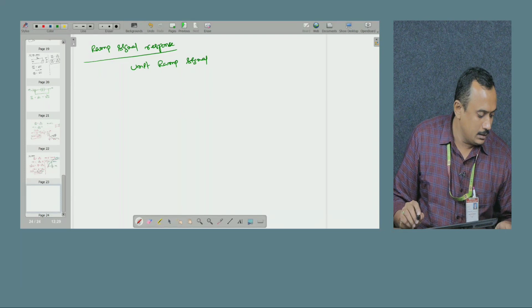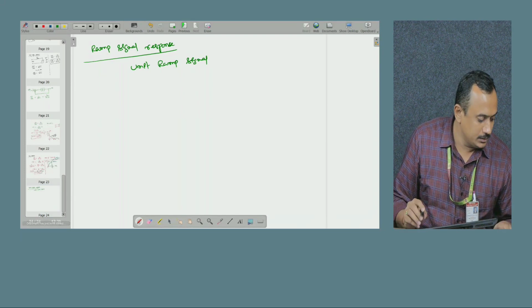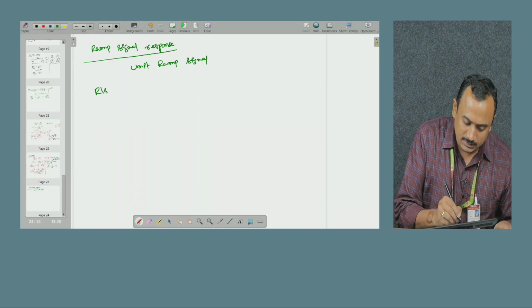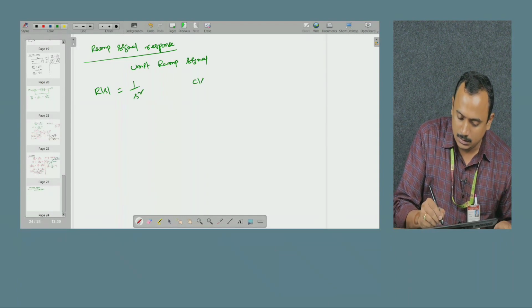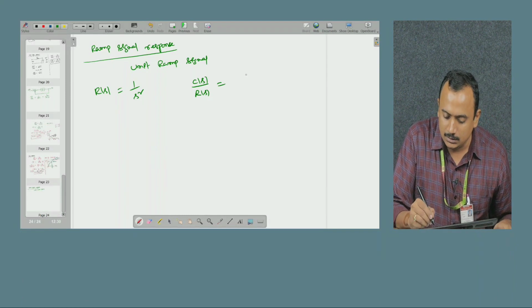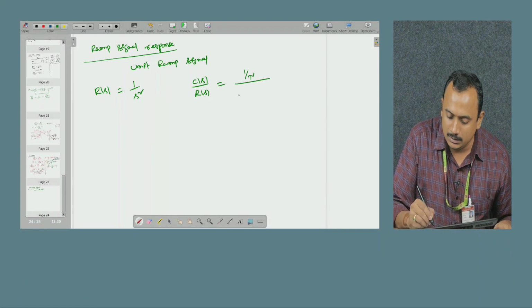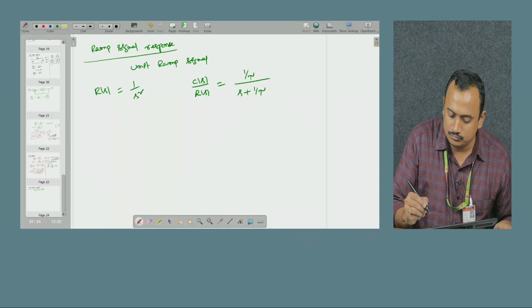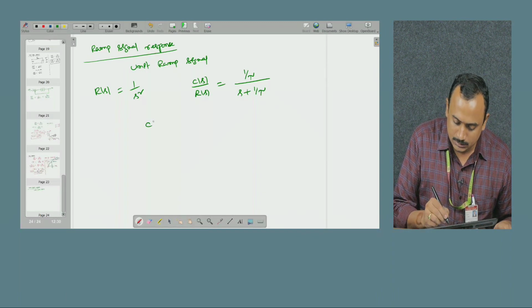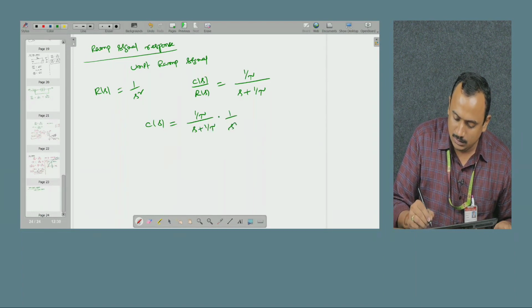Okay. Now, R of s is 1 by s square, C of s by R of s is equal to 1 by tau by s plus 1 by tau. Now C of s, you will get 1 by tau by s plus 1 by tau into R of s, that is 1 by s square.